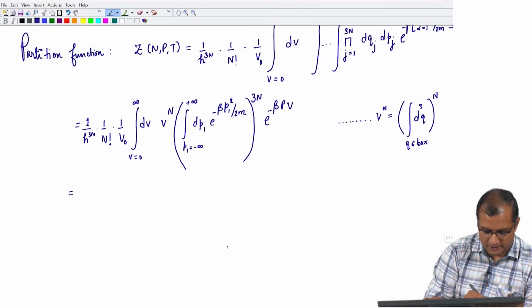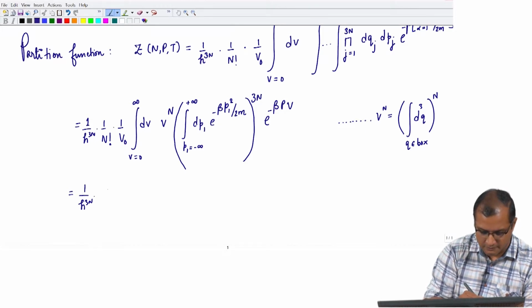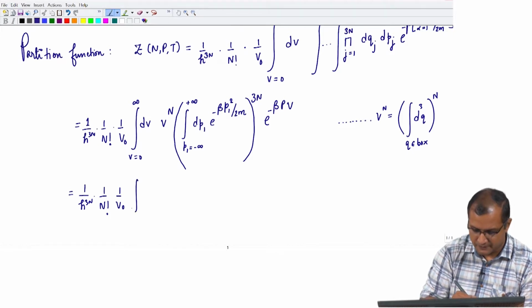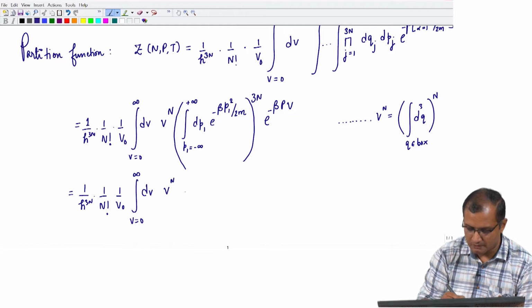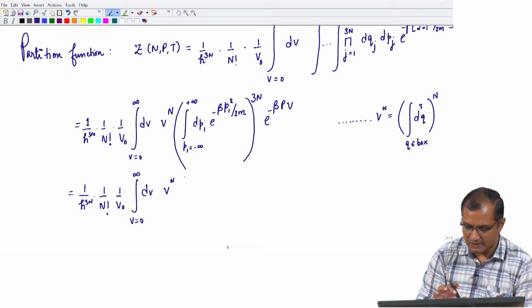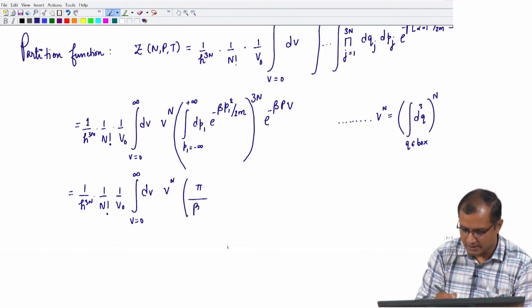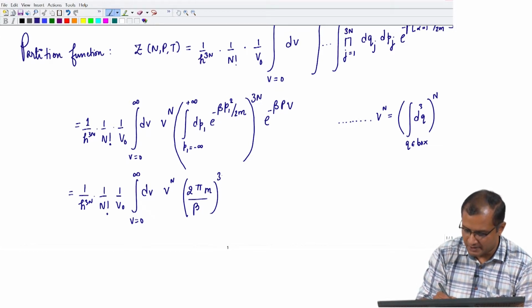So, you can write this as 1 upon h to the power 3n into 1 upon n factorial into 1 upon V0, integral V goes from 0 to infinity dV, V raised to n, and this Gaussian integral will simply give me square root of pi by a. So, pi by a is already beta by 2m, and so it will give me the power 3n by 2, into e raised to minus beta pV.